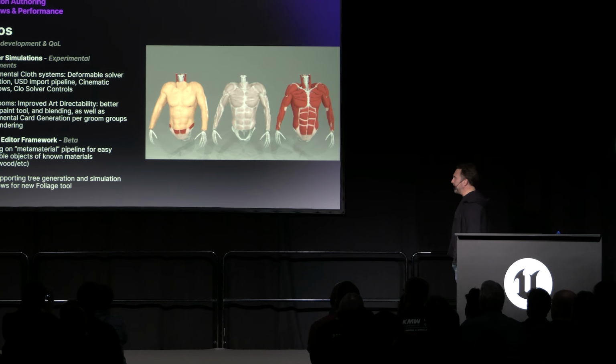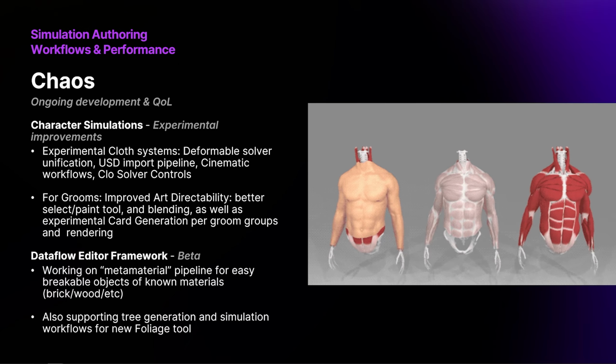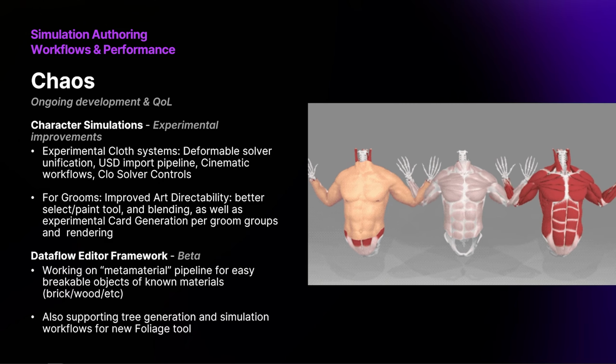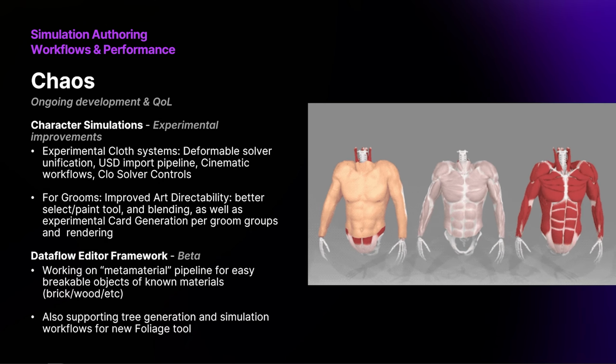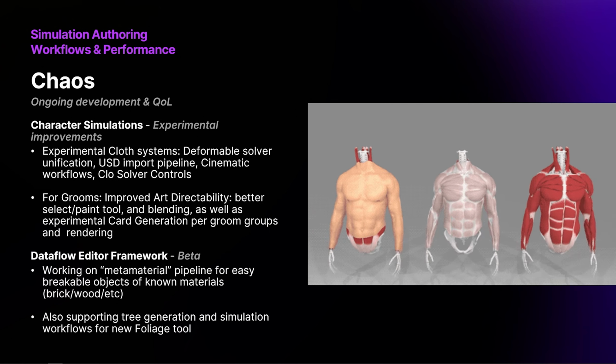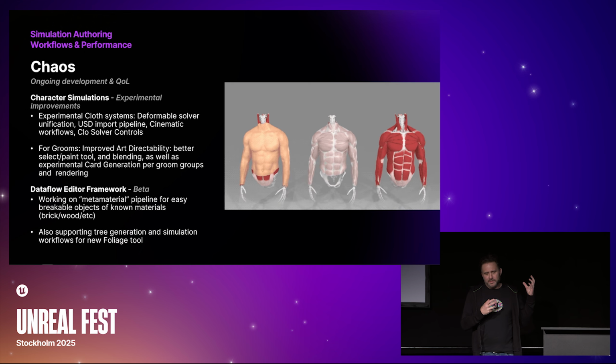Then on the Chaos side, also a lot of things in flight, a lot of dev, like character simulations, where we run much of the complexity of character simulation through Chaos.